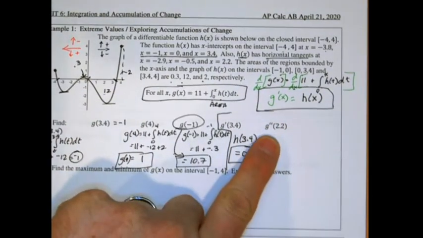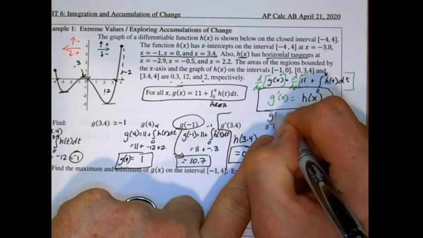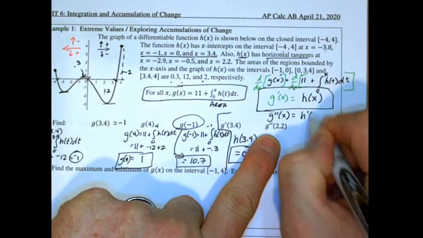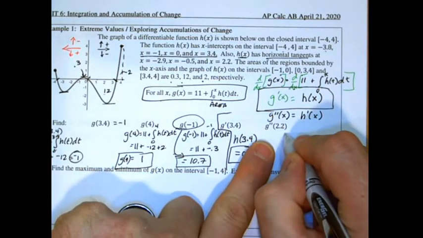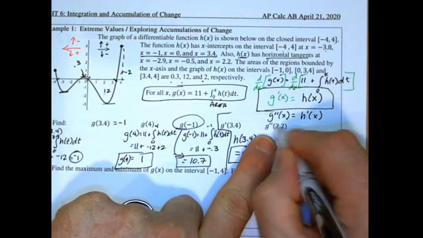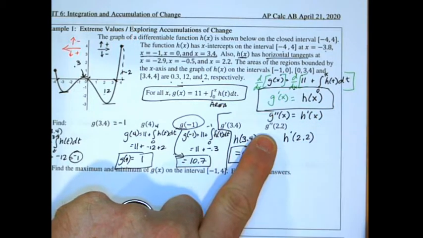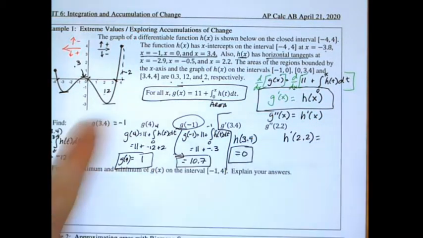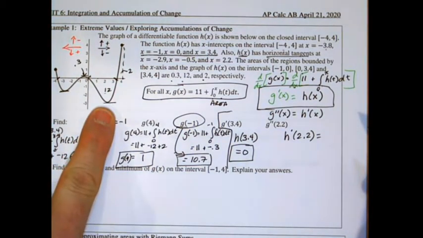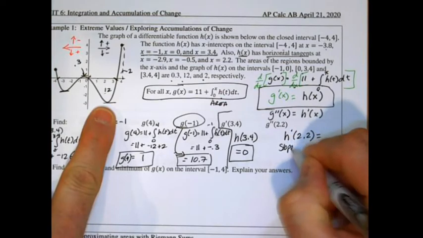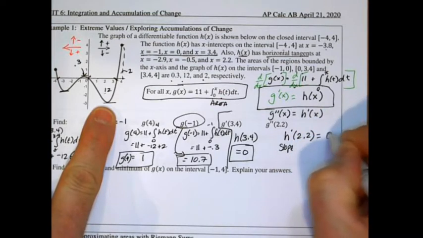Now we need the second derivative of g. That's going to be the first derivative of h. So if we need the second derivative at 2.2, we need the first derivative of h at 2.2. Reminder, this is slope. What is the slope at 2.2? That's also 0.